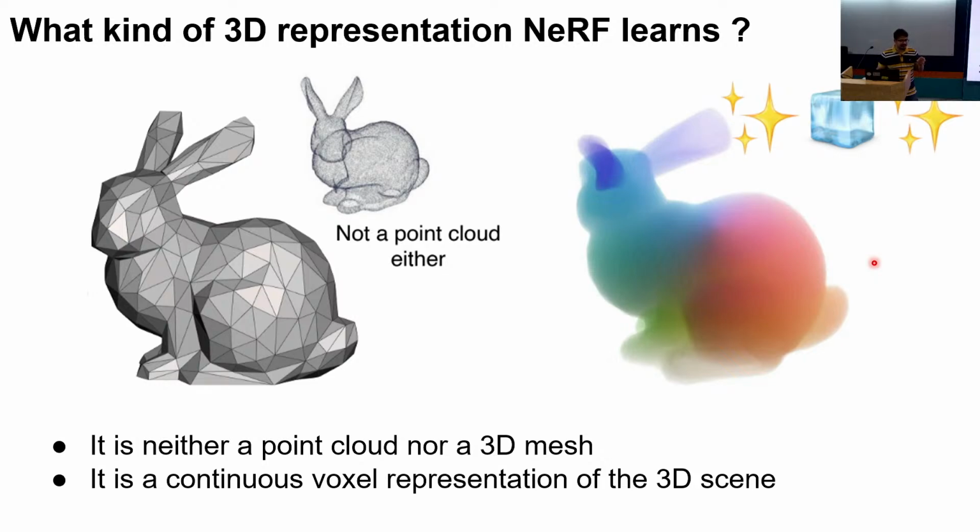There, they handled a scenario where, let's say you are capturing the Taj Mahal and you have some images captured in the morning and some in the evening. So the lighting has changed. How to model such things? The paper was NeRF in the Wild, and they actually modeled that.